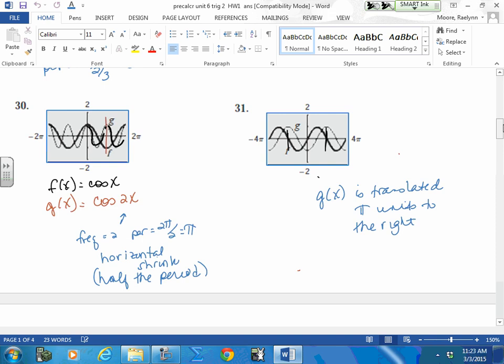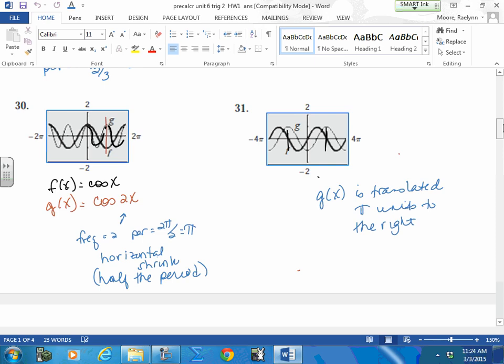This is called a horizontal shrink. Instead of stretching it like this, it's pushing it together like an accordion. What it did was it shrunk the period. It didn't exactly shrink the curve, it made more of them because it shrunk your period. It took half the cycle, half the period.